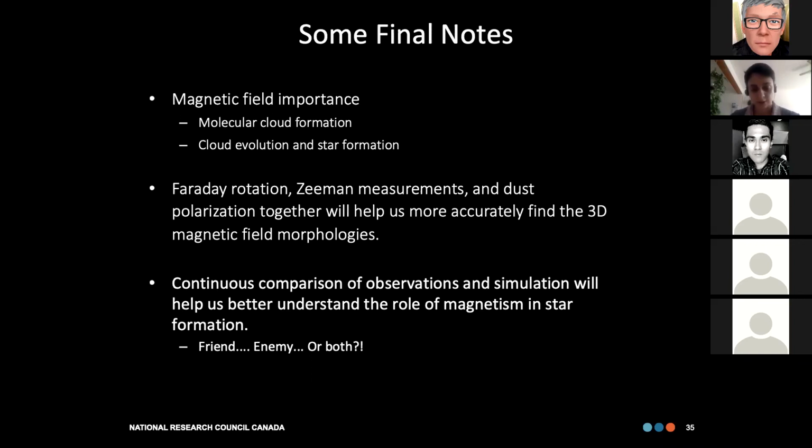But to answer your question in a brief sentence, the chemical code looks at the UV ionization rate and the cosmic ray ionization rate. Did I answer your question?